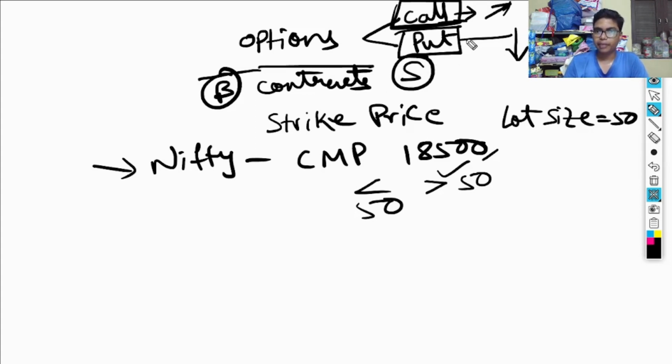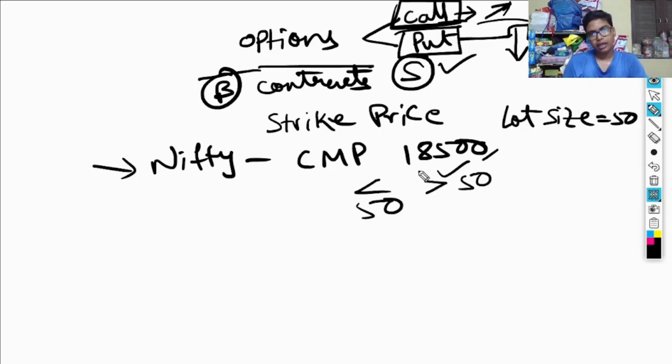And we will learn what the strike prices are in the case of our example of Nifty. The Nifty current market price is 18,500. Hence, the call options are indicated with CE, and put options are indicated with PE. Let's learn about the strike prices available in the market.